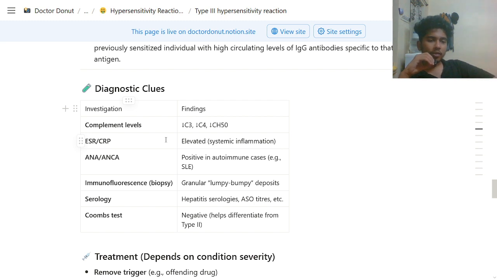How I like to think about this is that C-reactive protein is something which happens quickly. If any condition goes wrong, the C-reactive protein will be the first one to show up. And then you have erythrocyte sedimentation rate. Sedimentation takes time, so ESR will show up later in a condition. And CRP is the first one.